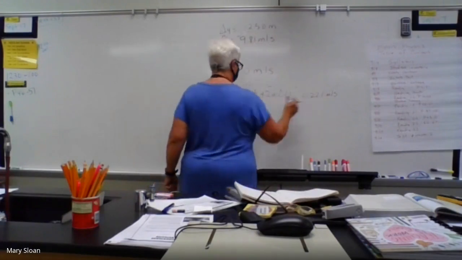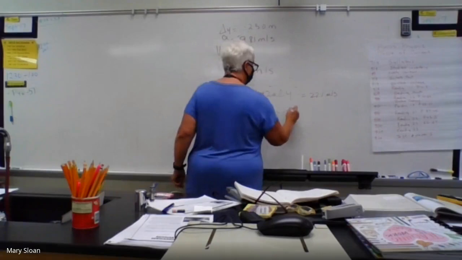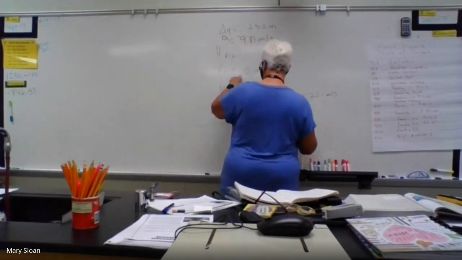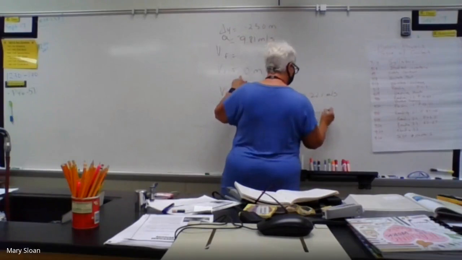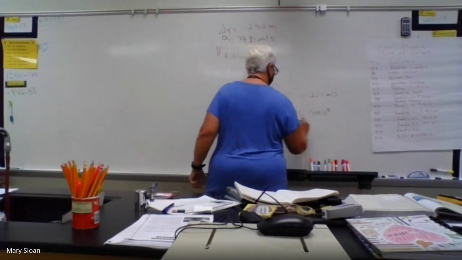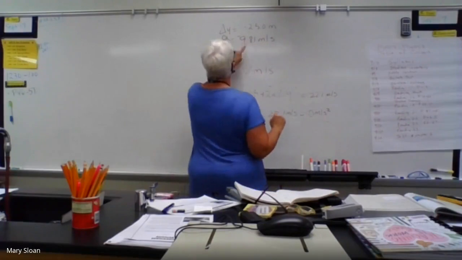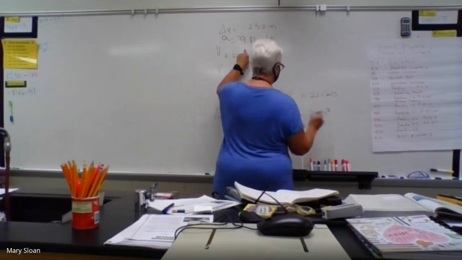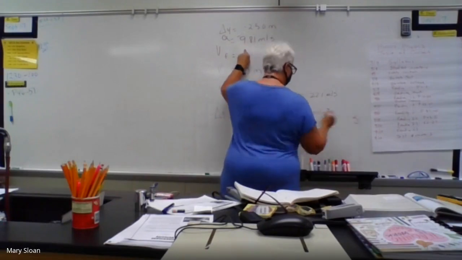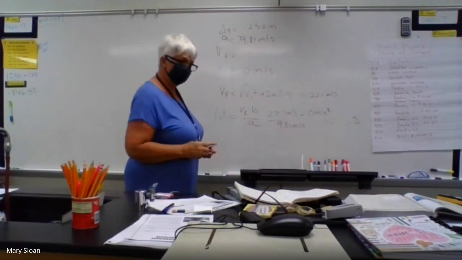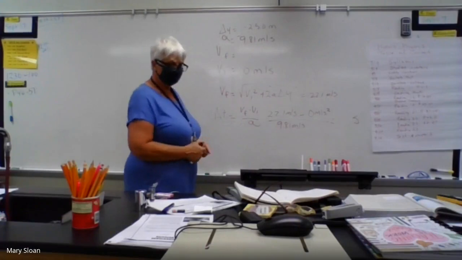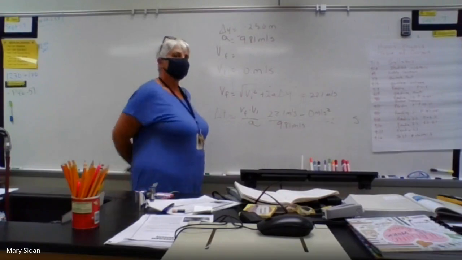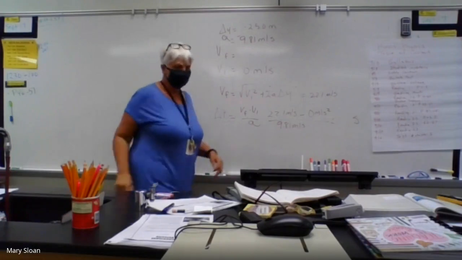So 22.1 meters per second, we're going to subtract 0 meters per second, and divide that by 9.81 meters per second squared. And that is going to give us seconds, like we're supposed to have. So what is our answer? Hold on one second.